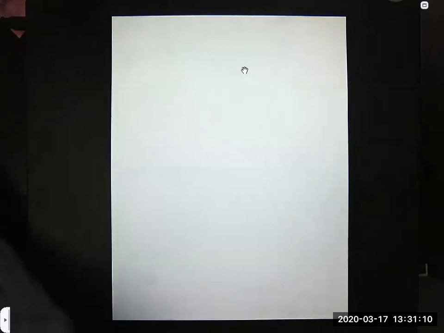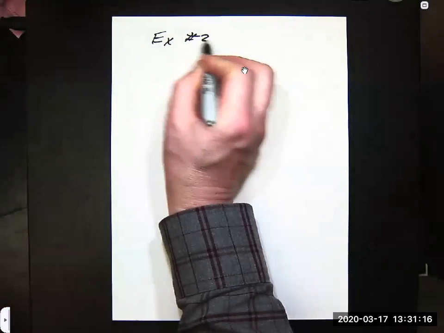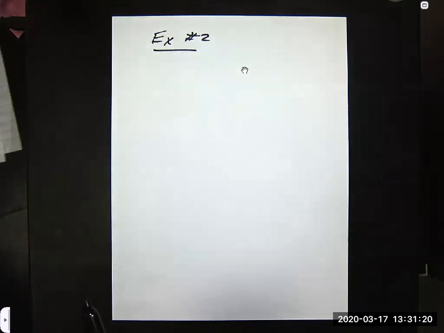Let's do a second example. Let's change this just a little bit. Suppose instead of asking the amounts, turns out we'll still have to find them, but instead of asking that as the outcome, the actual separate amounts, we ask for a ratio.